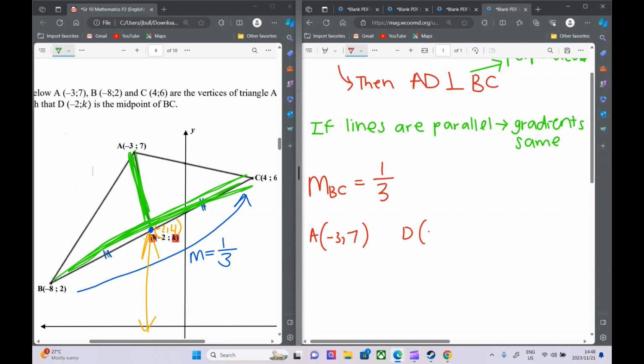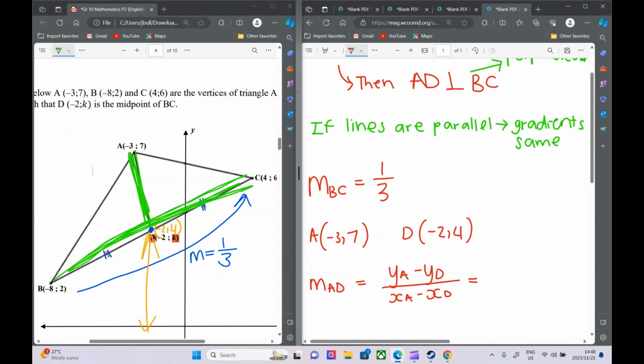D, we just worked out, is -2, 4. So we want the gradient. Remember, again, we have to know this formula. It just shows you how important these formulas are. So gradient is always the change in y, the difference between the y values, divided by the difference between the x values. Make sure if A is first, it's first top and bottom. Okay, let's work this out.